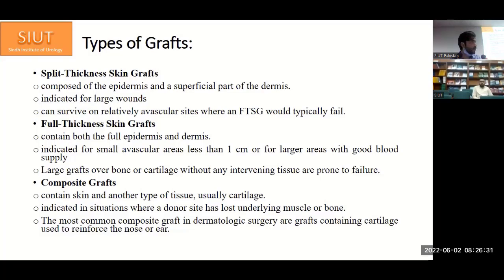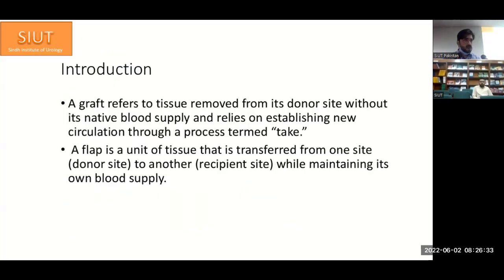What is take? And what are the two steps of take?